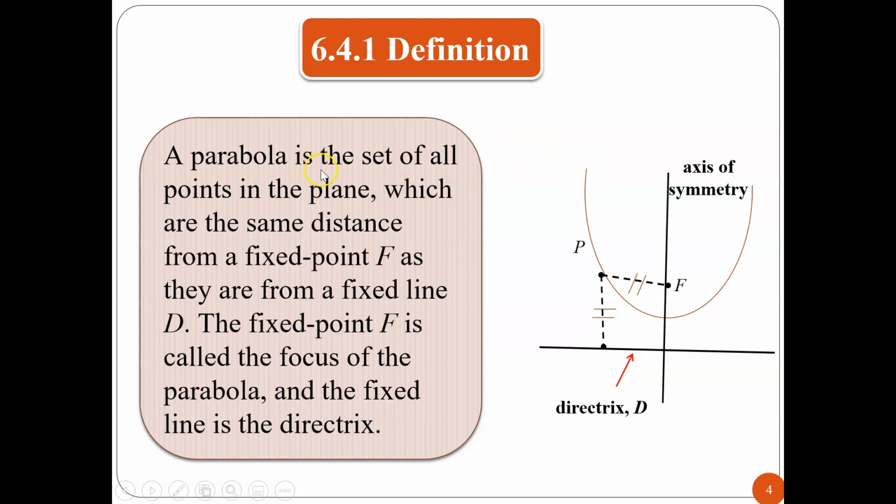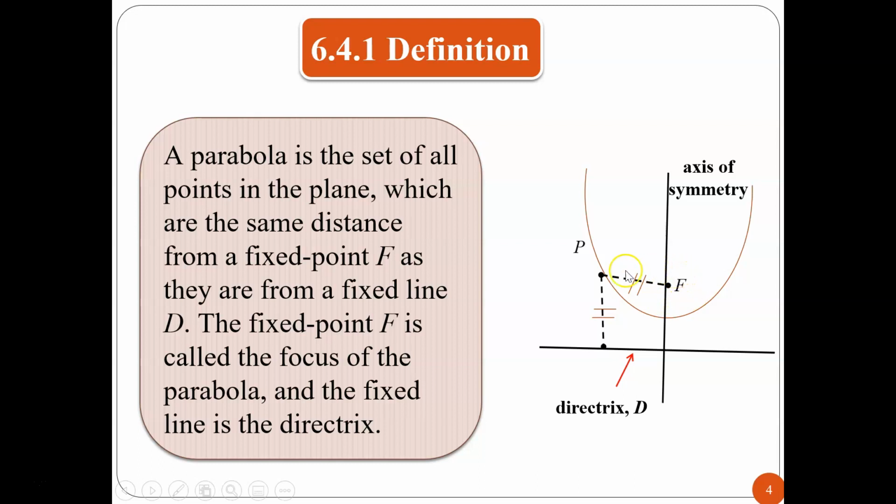A parabola is the set of all points in the plane which are the same distance from a fixed point F over here as they are from a fixed line D. So you have another straight line D here known as the directrix, and over here you have F. In a circle you have C, the center, but in a parabola we don't have a center C; what we have is F over here.